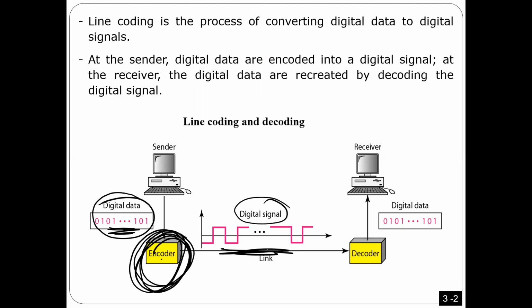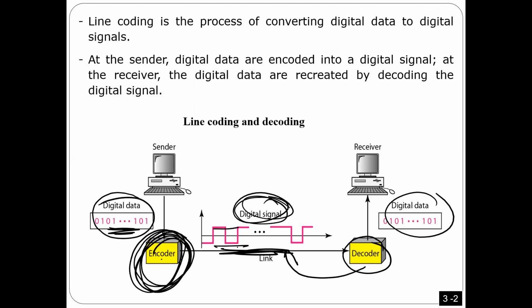So the input is 1 and 0, the output is voltage. For sure, we have different ways to do this encoding. Here we have a decoder. This decoder should receive a digital signal and convert it to digital data. Okay?